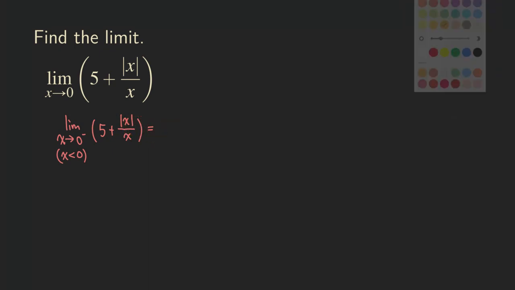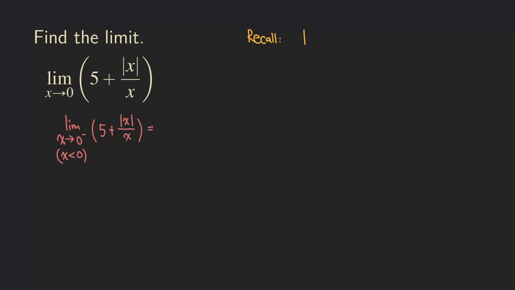Let's just recall something right here. So we know that the absolute value of x is equal to x when x is greater than or equal to 0, and the absolute value of x is equal to negative x when x is negative, when x is less than 0. Okay, so now since x is less than 0, we can actually rewrite this absolute value as negative x.